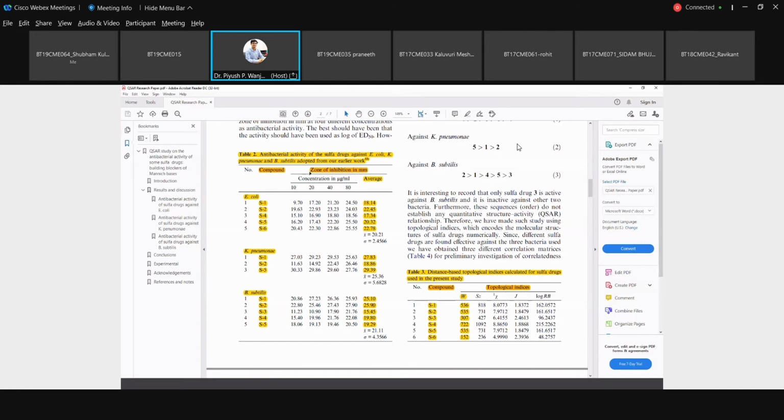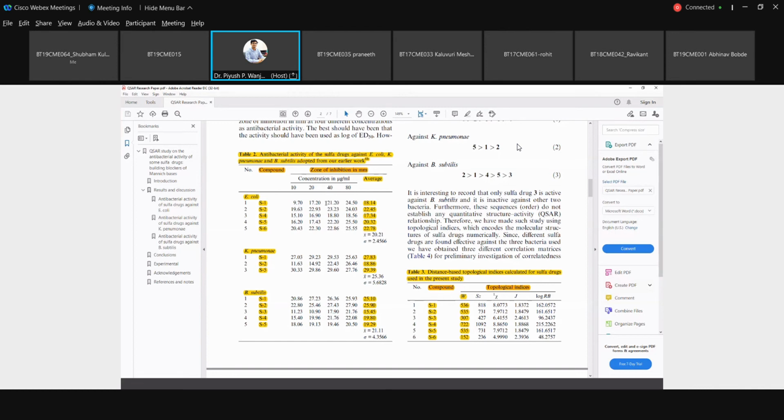So now you can see there is something here. What is this activity value? They have said something about the zone of inhibition. Some values are given in terms of concentration in microgram per milliliter, and they have used different concentrations, like 10, 20 microgram per milliliter, for the different compounds 1, 2, 3, 4, 5, 6, and then they have calculated these activity values, like here you can see 9.7 or something, for different concentrations.